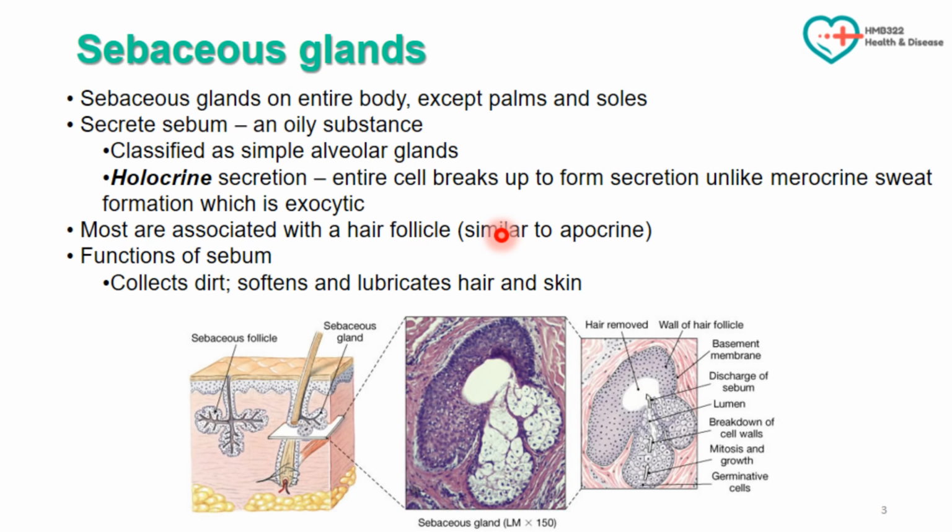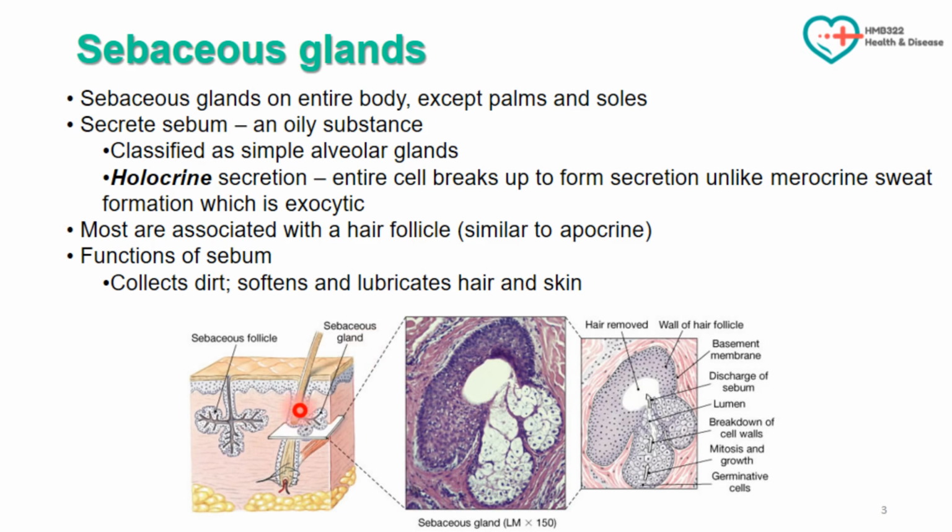So this is different, in other words, from the merocrine sweat glands that we talked about last week, which are more like classic exocytosis. They are releasing substances packaged into vesicles. Here, the entire cell is dying off. It's being digested. It's forming that lipid breakdown product, which is making up part of the sebum.